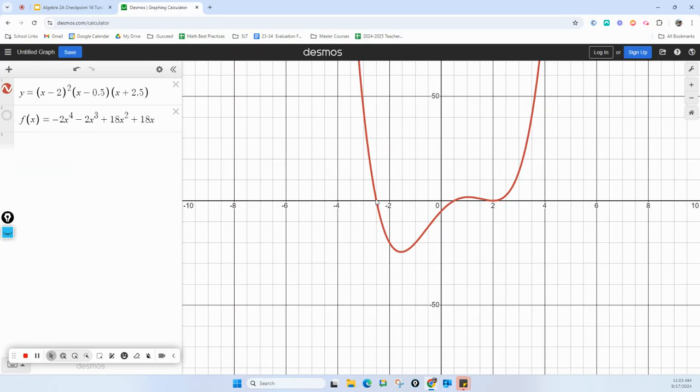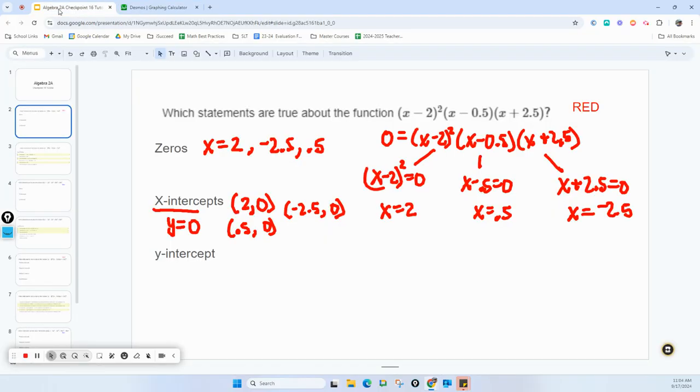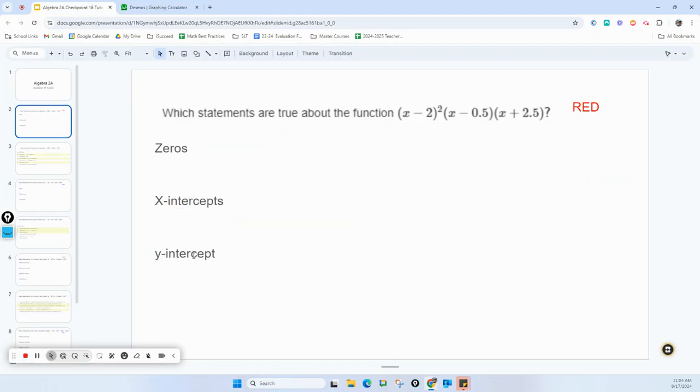Again, x-intercepts are where the graph crosses the x-axis. Desmos does a really fantastic job of finding those for us very easily. We're seeing all of those coordinate points: negative 2.5, 0; 1/2, 0; and 2, 0. Again, it's all tracking back to what we just found.